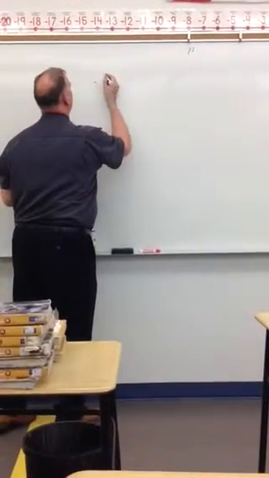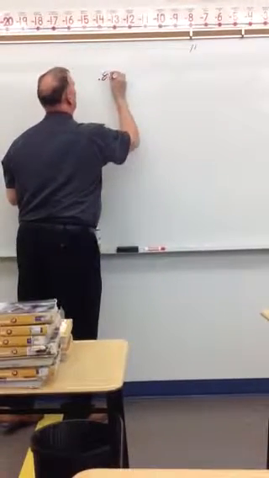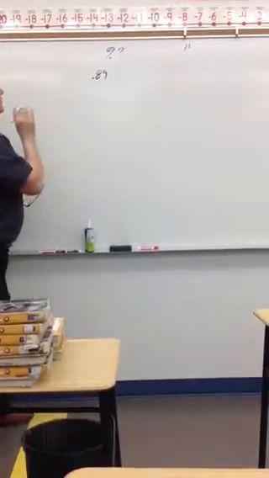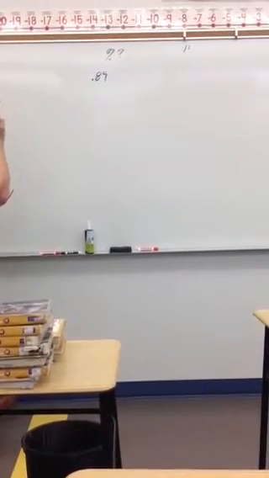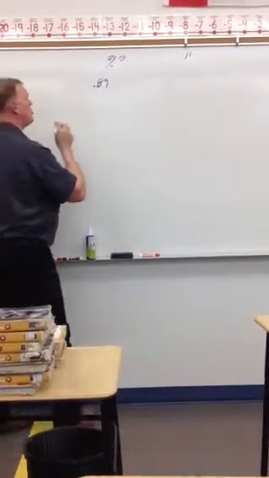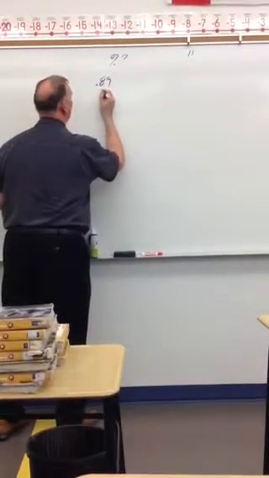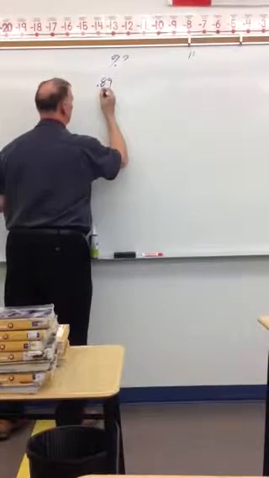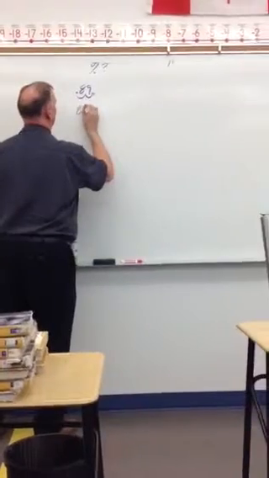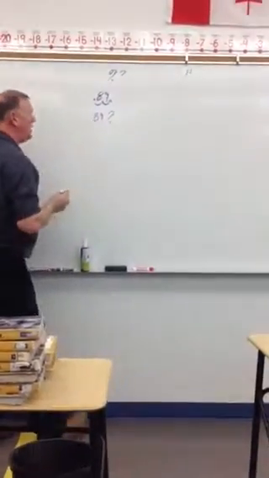All right, the next one can cause a lot of confusion. Watch this. What is this as a percent? From decimal to percent, we always move 2 to the right. So 0.89 as a decimal is 89%. Why?